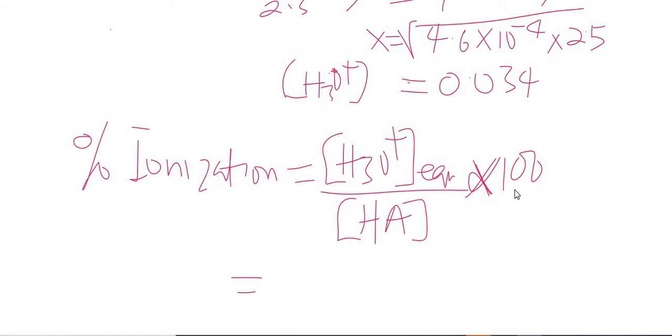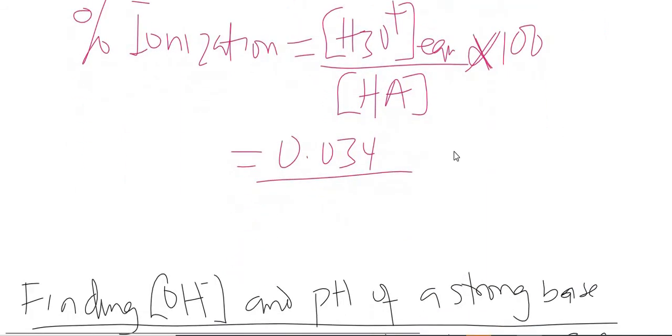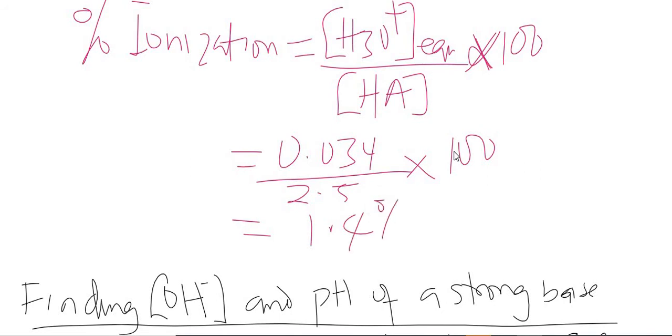So we have 0.034 over the initial, 2.5 molar, times 100, and this gives us 1.4%. So that gives us the percent ionization.